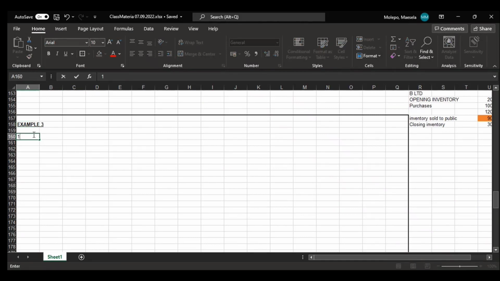So first we're going to calculate depreciation. We're going to have a depreciation for the crane, and then a depreciation for the plant.